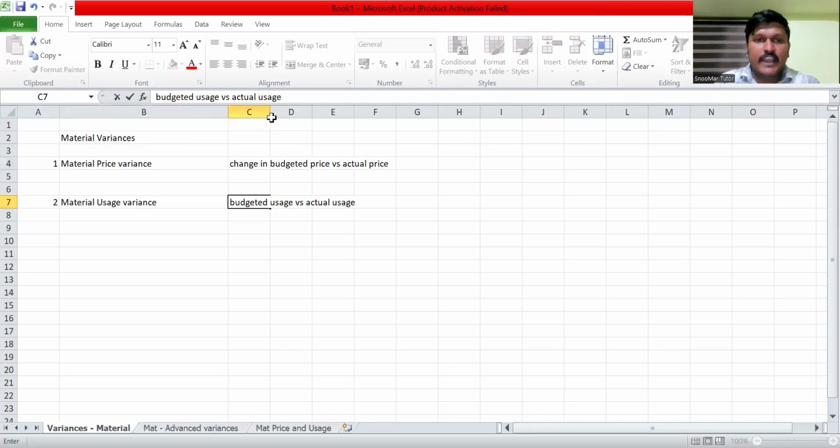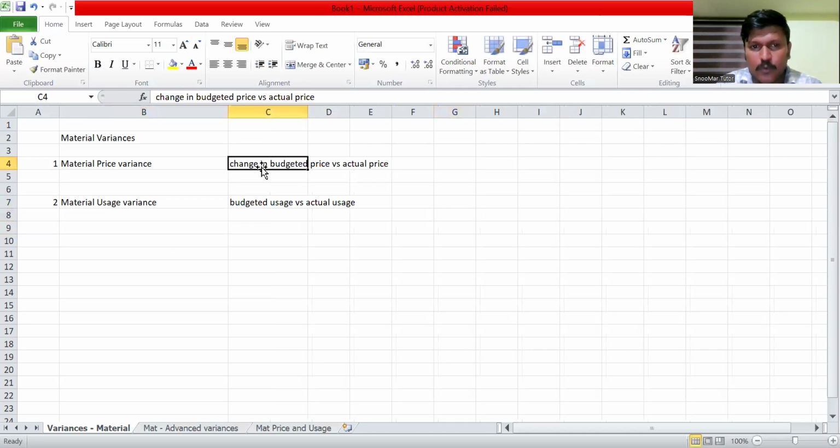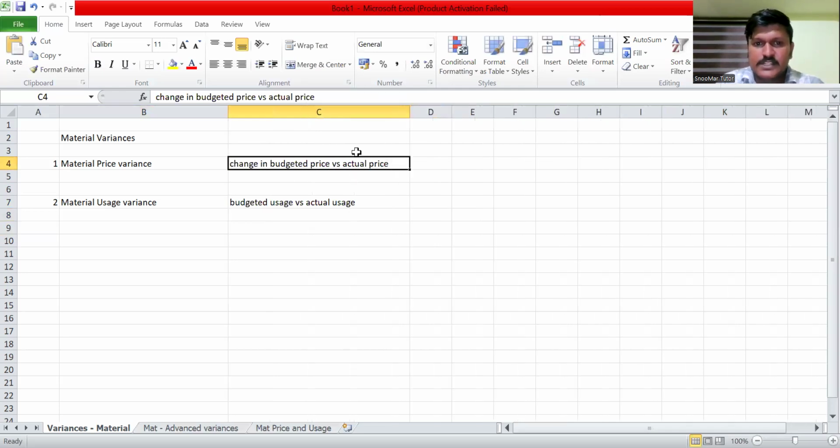If I have to note this down in a formula, it is very simple. What is common in this column is the budgeted price and actual price. Now we have to quantify this. Since a price is given, we are looking at the actual price and the budgeted price, and we have to quantify this on the actual quantity.